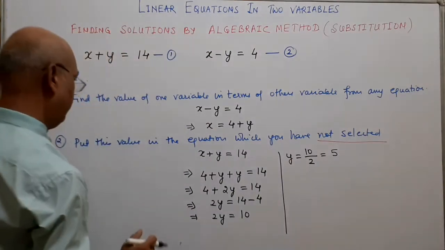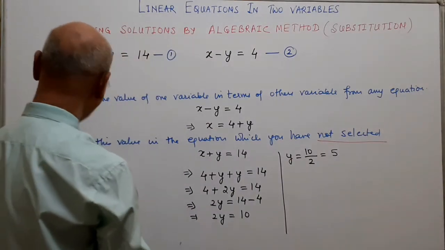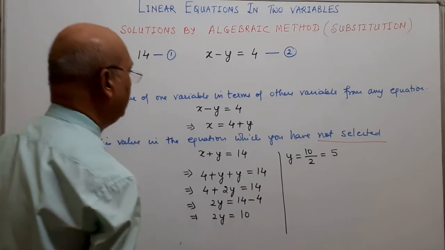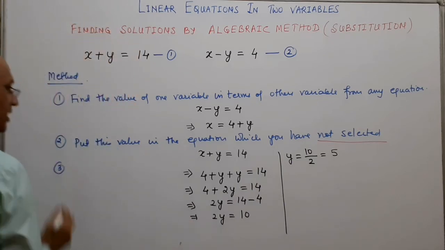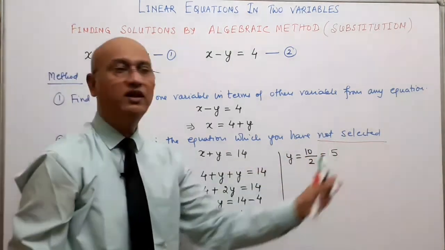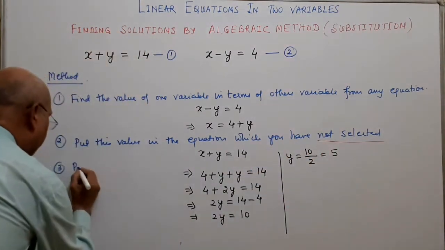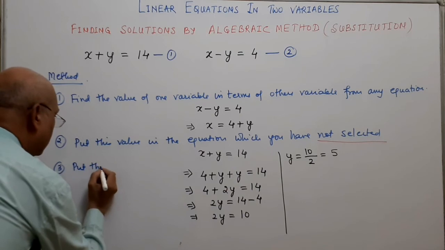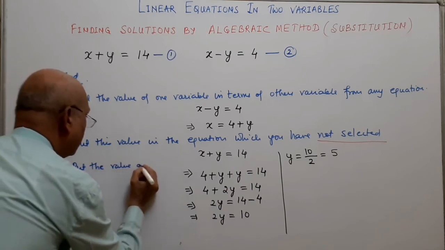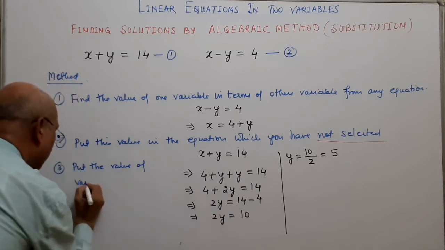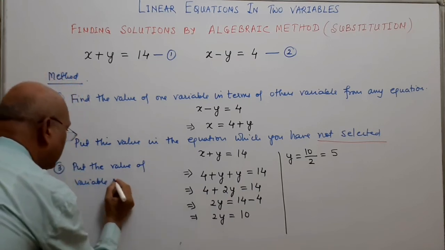Up till now, two steps we have already written. Now, third step: we got the value of one variable. Now put the value of the variable calculated in any one equation.